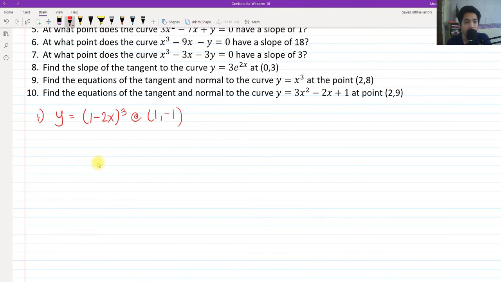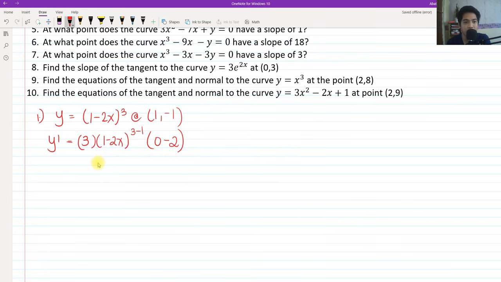So what we are going to do first is to get the derivative of this with respect to x, of course. So we have 3, we have (1 minus 2x) to the 3 minus 1, okay? And then we differentiate the inside function, which is 0 minus 2.